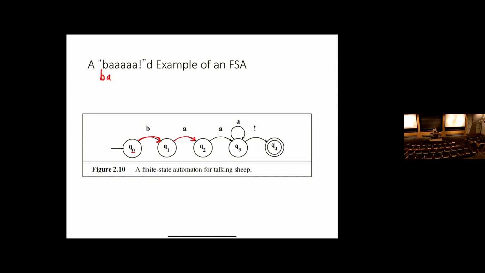Q2 is not an accepting state, and we can tell what is an accepting state because it has a double circle. So Q2 is an end state or an accepting state or an acceptor state, all the same thing. So this FSA will not recognize BA. This is out.